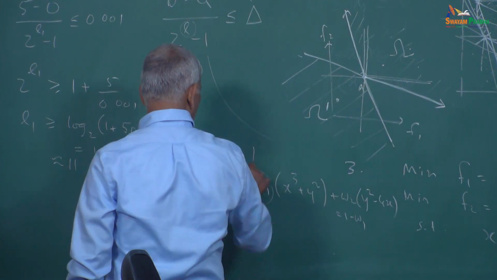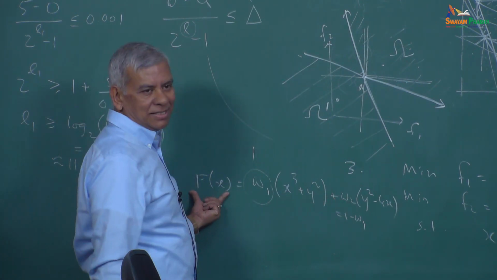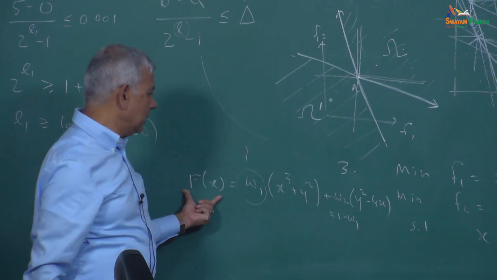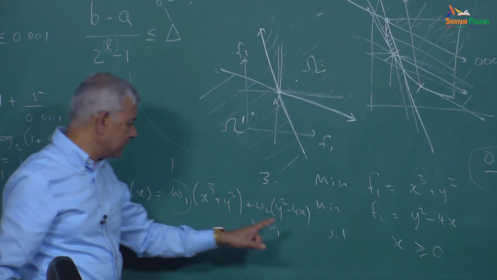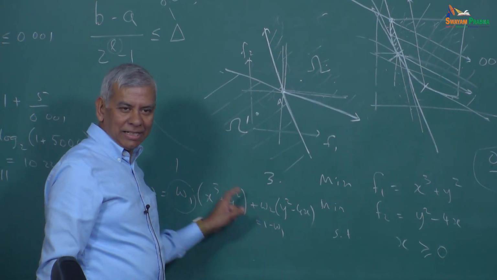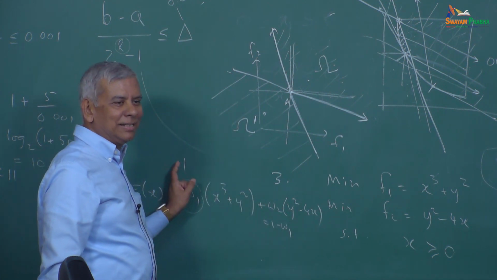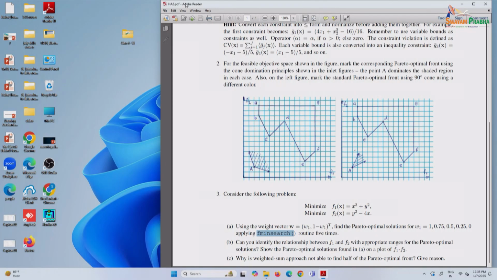First you use W1 equal to 1, so W2 becomes 0. You optimize this function using fmincon, with only this constraint. Then you use 0.75, then W2 will be 0.25. Then 0.5, 0.5, then 0.25, 0.75, then 0 and 1. Five times you are going to run fmincon.